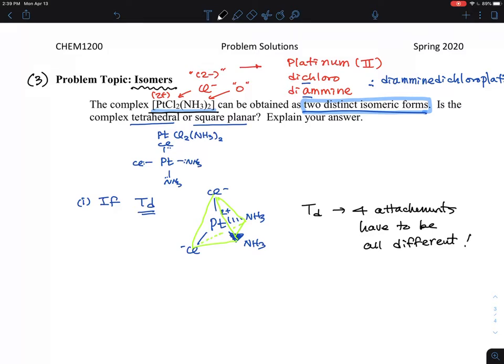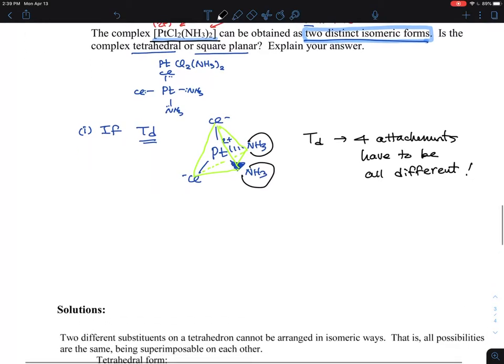And as you can see, these attachments are the same. So this one cannot have optical isomers.